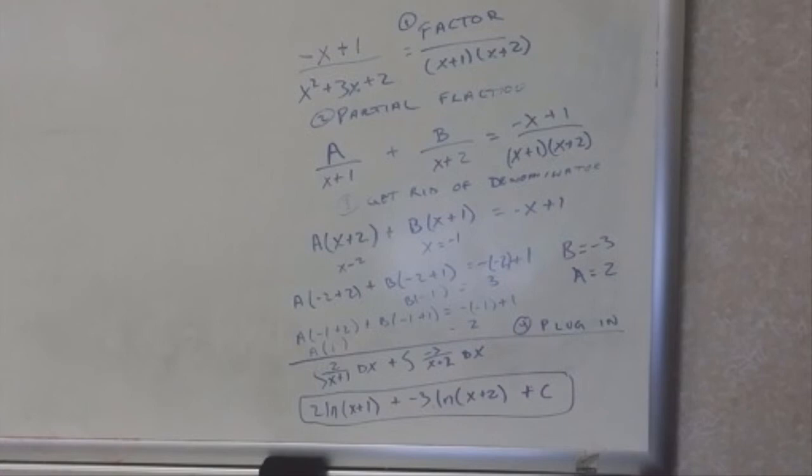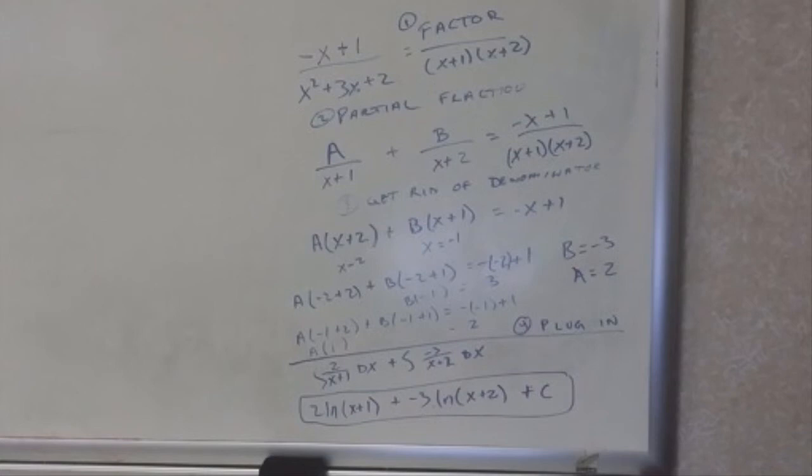Our next step is to get rid of the denominator. We can do this by multiplying each portion by the denominator. This leaves us with x plus 2 times a plus x plus 1 times b equals negative x plus 1. Our next step is to then figure out what makes each equation 0.